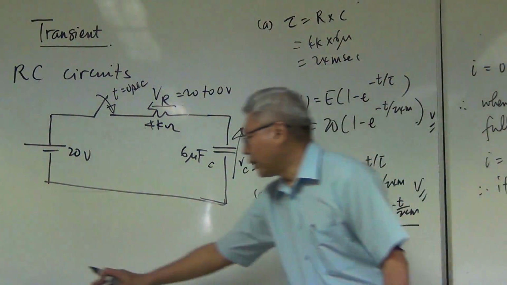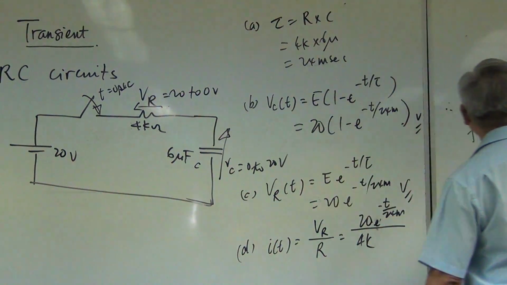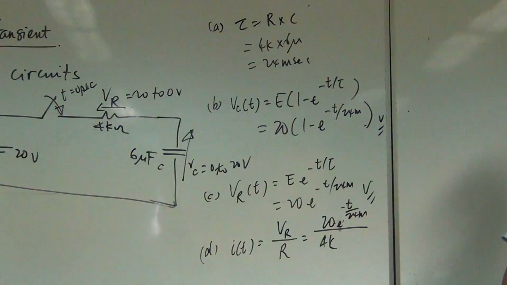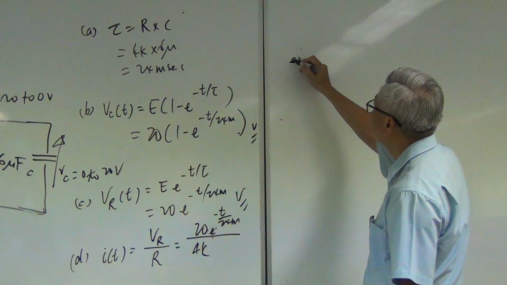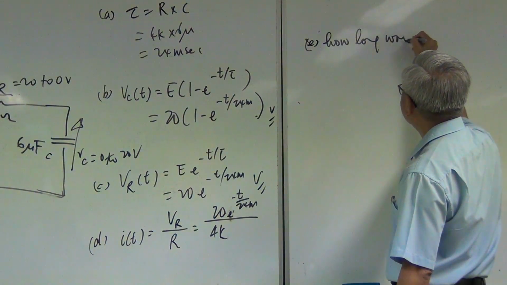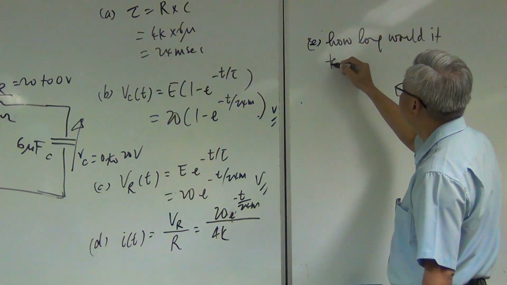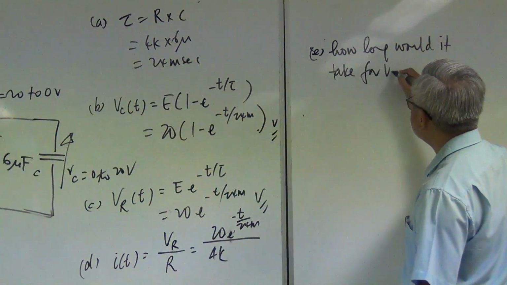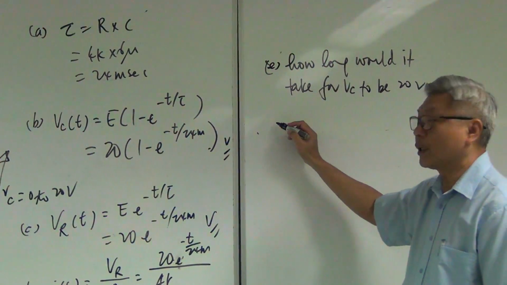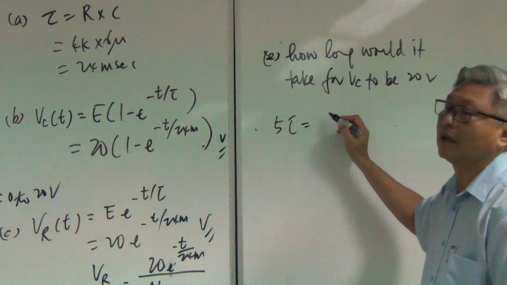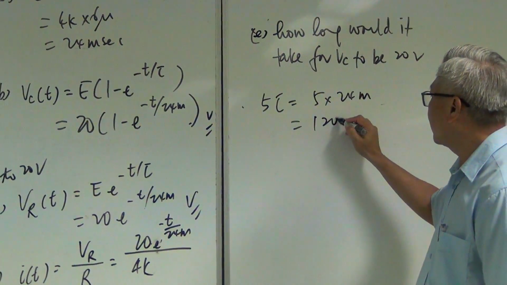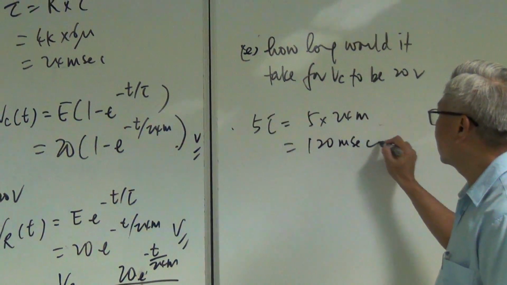Alright, part E. How long would it take for VC to be 20 volts? You say the shortcut is 5 time constants, so it's 5 times 24 milliseconds, which is equal to 120 milliseconds.